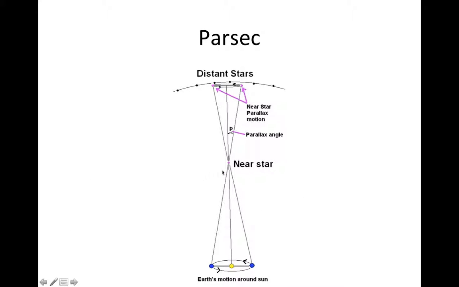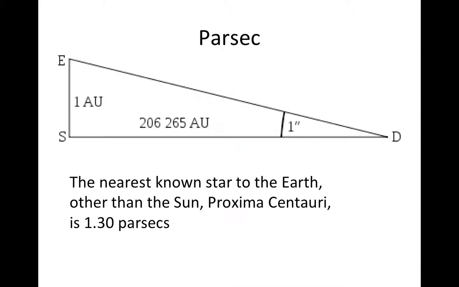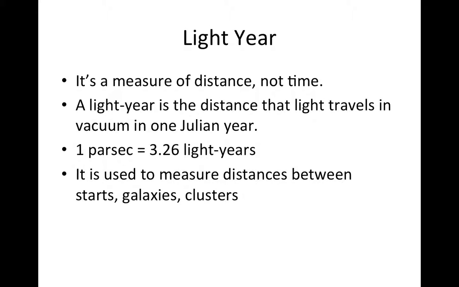So imagine if the star that we are talking about were even further from the Sun, then the angle would be a lot smaller. And so sometimes things get so far away that the angles are extremely difficult to measure. And so the parsec becomes not very accurate or very useful or easy to measure. So then we use the light year as the unit of measure.